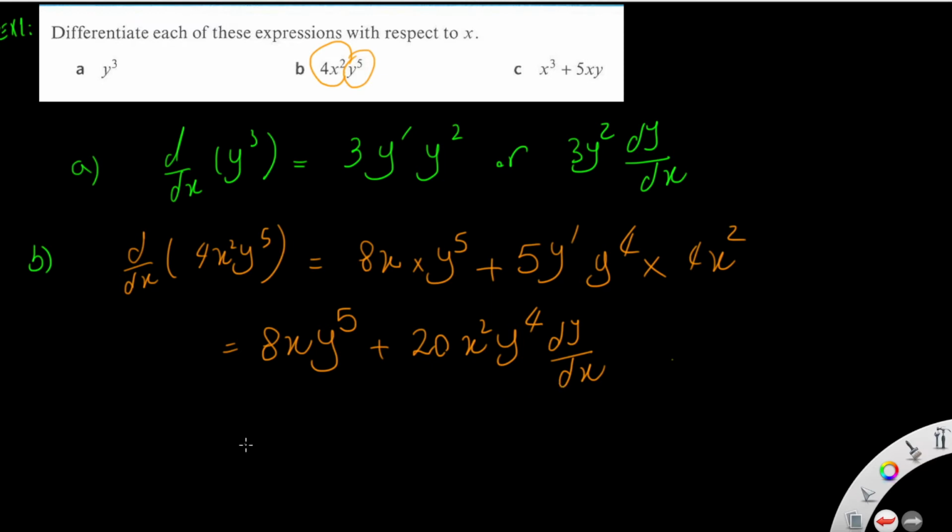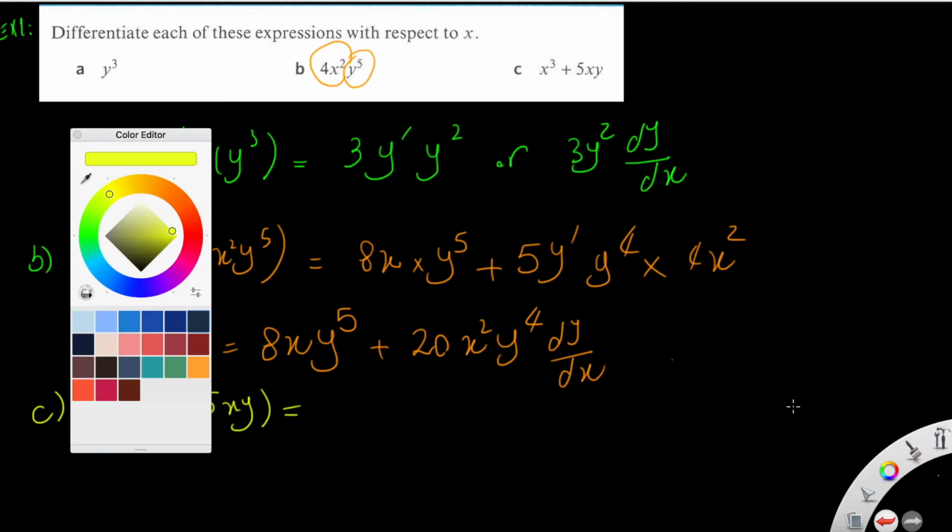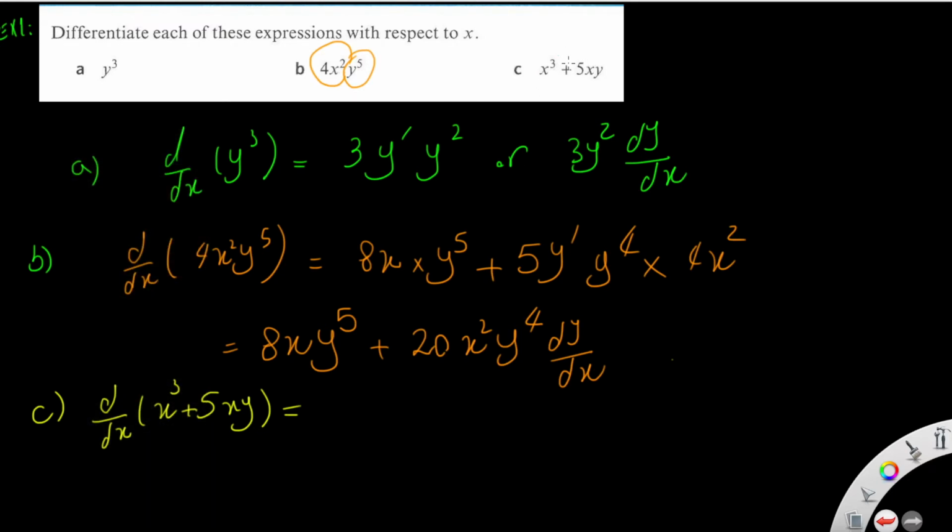Now for the C part, you want to differentiate x cubed plus 5xy. It is equal to differentiation of x cubed is 3x squared plus, now differentiation again product rule, differentiation of 5x, I separate them, 5x and y.